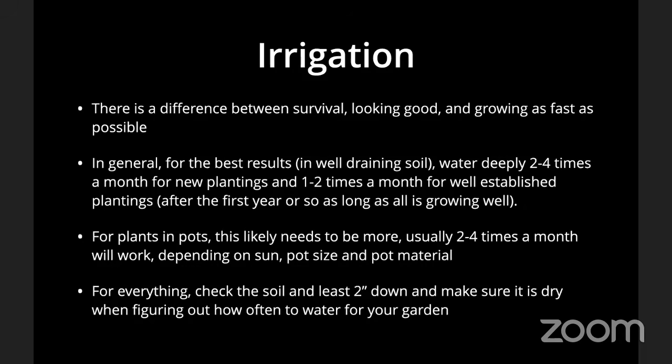In general, with well-draining soil, you're going to be watering new plantings deeply 2 to 4 times a month, and then 1 to 2 times a month for well-established plantings. You can think of the first year as establishment, and then after that, if things look like they're growing well, you can consider them pretty well established.